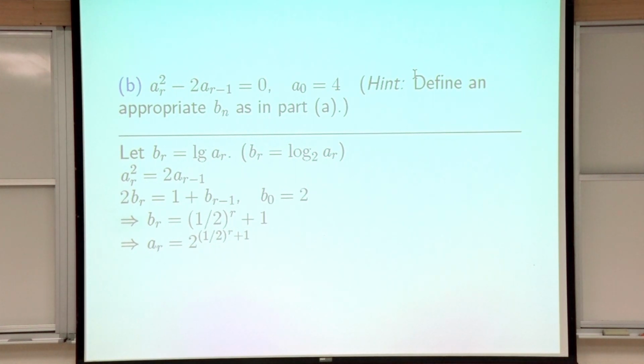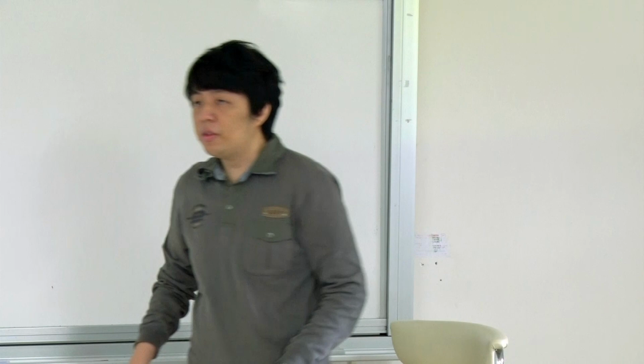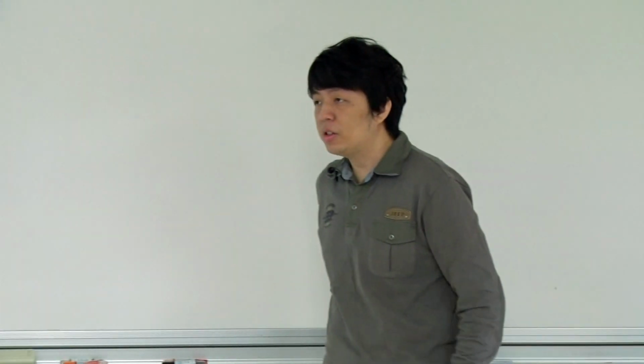So for the recurrence relation, we can get b_r is equal to 1 over 2 to the power r plus 1. So the final answer, a_r should be equal to 2 to the power of 1 over 2 to the power r plus 1.